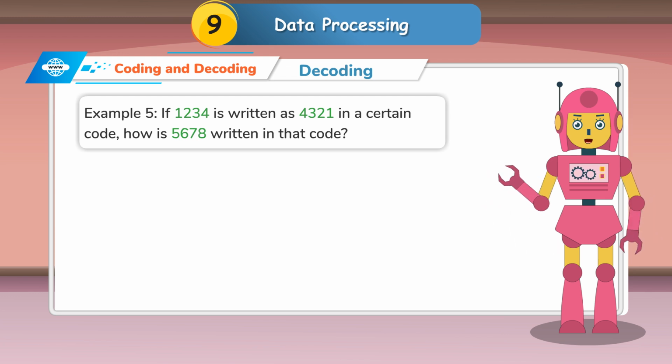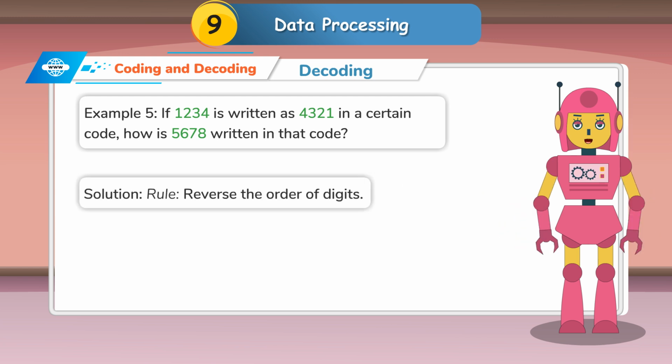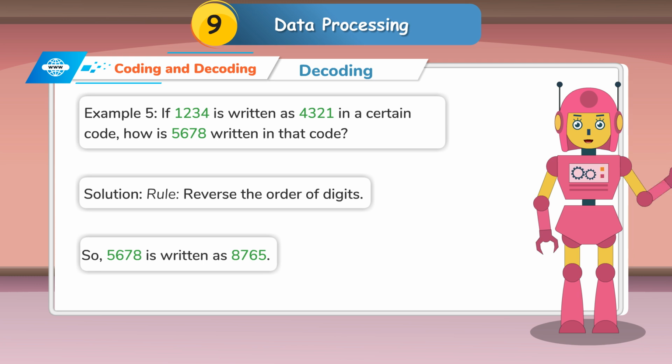Example 5. If 1234 is written as 4321 in a certain code, how is 5678 written in that code? Solution rule: reverse the order of digits. So 5678 is written as 8765.